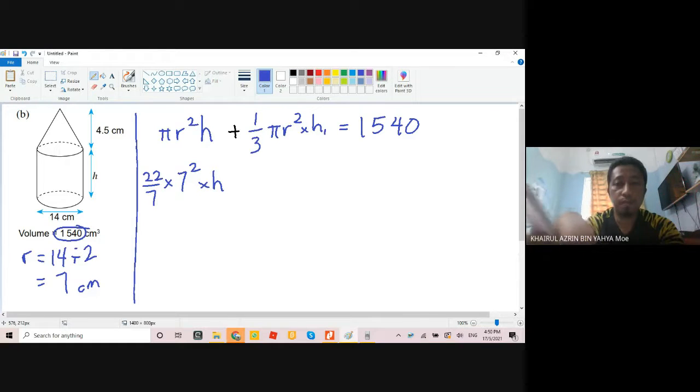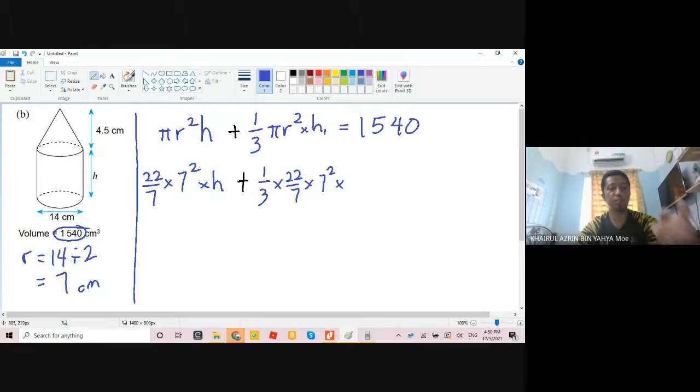Plus 1/3 times 22/7 times r, which is 7, don't forget square, multiply with H1. H1 is the height of the cone, 4.5. And this equals 1,540 centimeter cube. Now we use the calculator to find the answer.